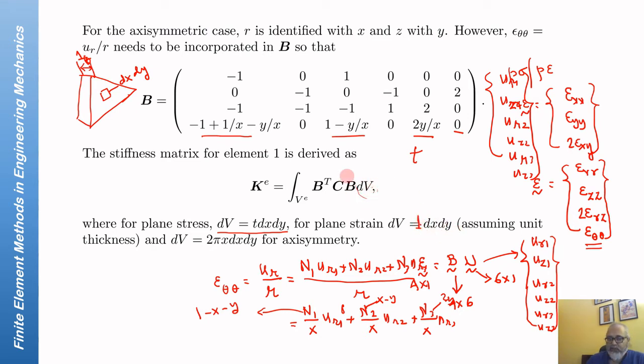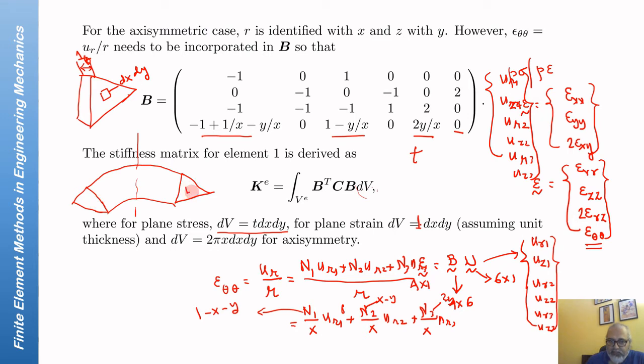In case of axisymmetry, you are actually solving for a triangular cross-sectional toroid. So this is the element, and then this is actually rotated around this axis, and this is the shape that you are solving for.